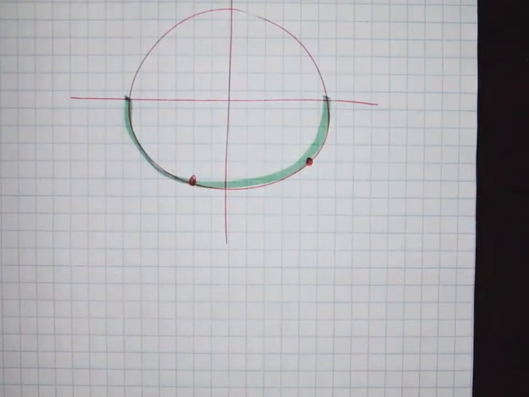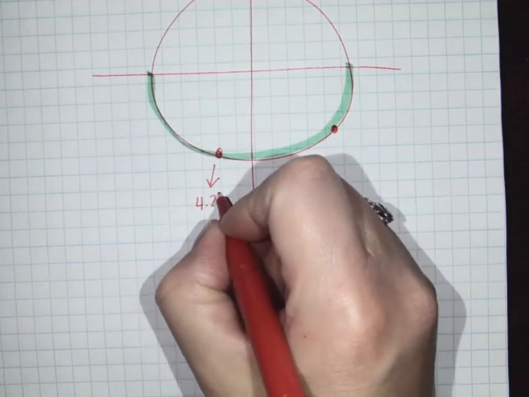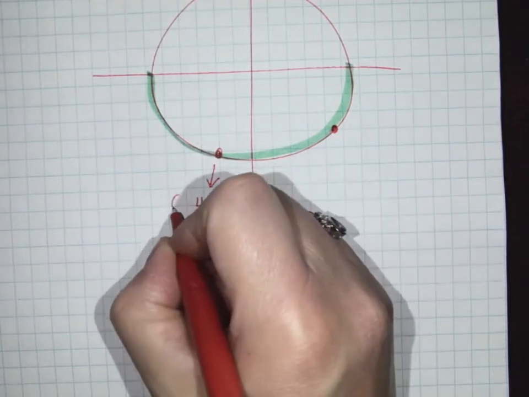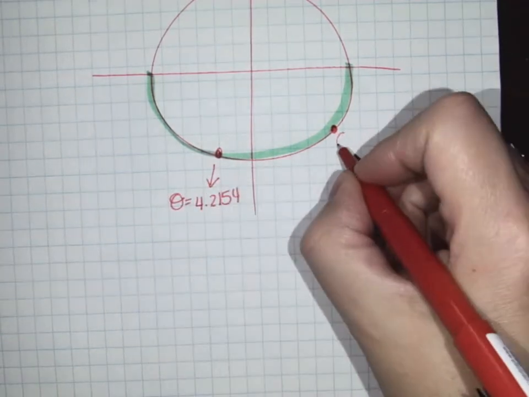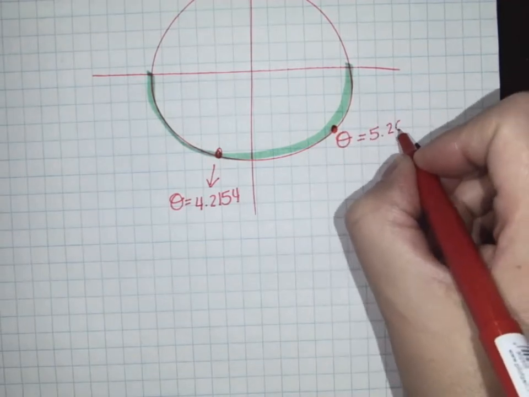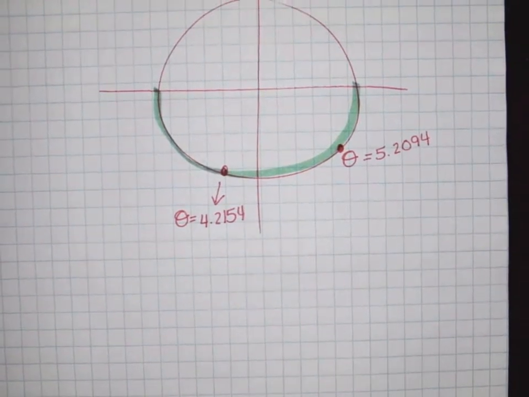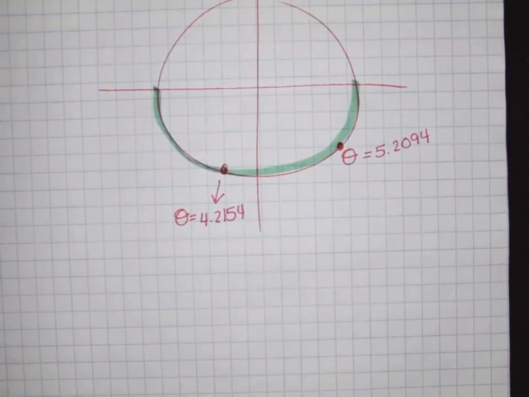You guys would agree that theta at this point is 4.2154 and theta here is 5.2094. They're not exact values. But we do know they're in quadrant 3 and we know that they're in quadrant 4, right? We know that those are where the answers are.